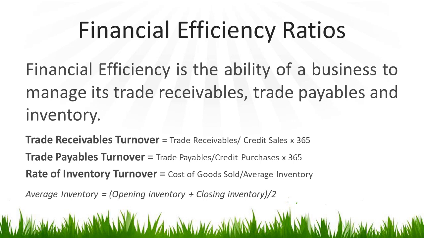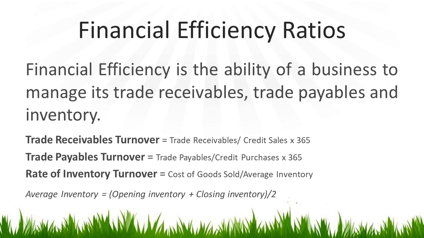It shows how efficiently and how quickly you are able to replace and sell your inventory, moving it in the right direction for the production process or for selling it out. For inventory turnover, you cannot have a standard value. It varies from industry to industry. It is not going to be the same in all industries.